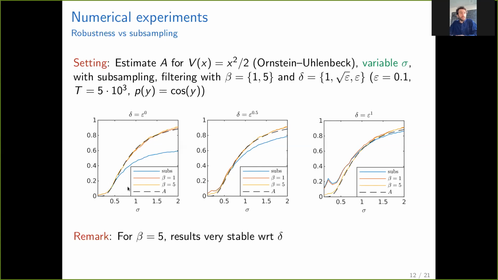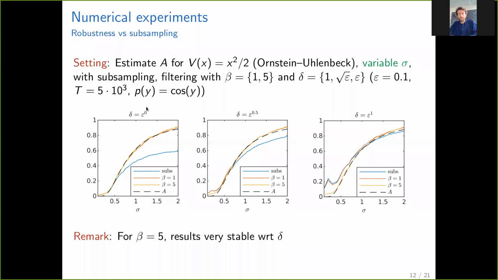But we can see that the curves corresponding to filtering are extremely good, and they follow the effective drift coefficient in all scenarios, except here where the filtering with beta equals 1 kind of follows the subsampling curve at the beginning, but then aligns to the effective drift coefficient with a small margin of error.